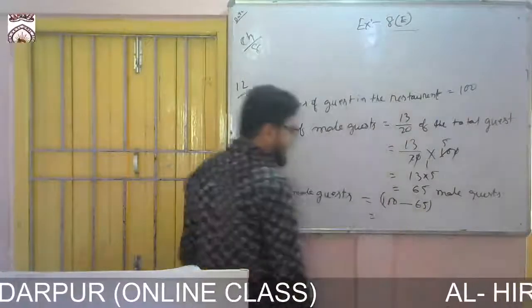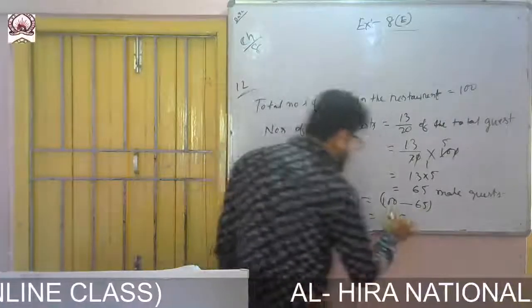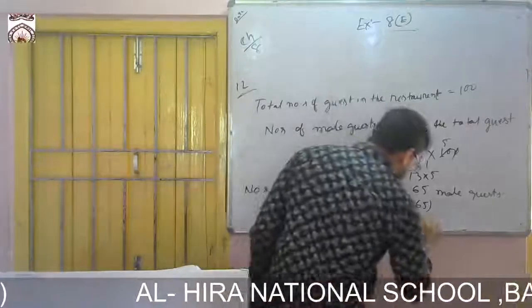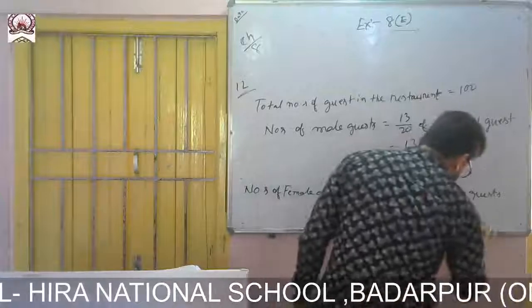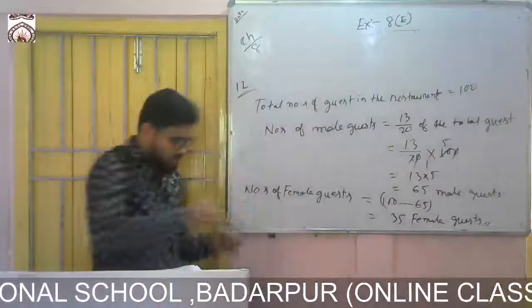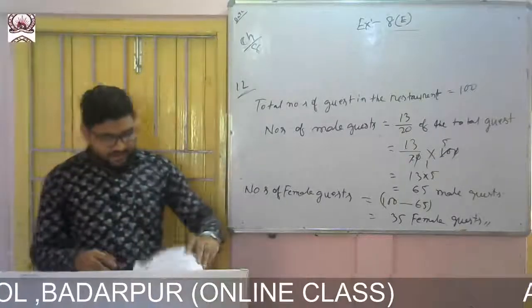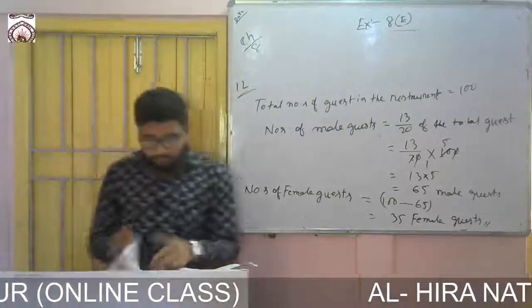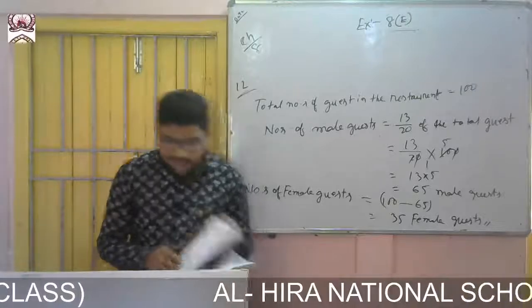Okay, 10 minus 5, here remain 9. 9 minus 6 is 3. And 35 female guests. 35 female guests is the required answer. So 35 female guests were there.